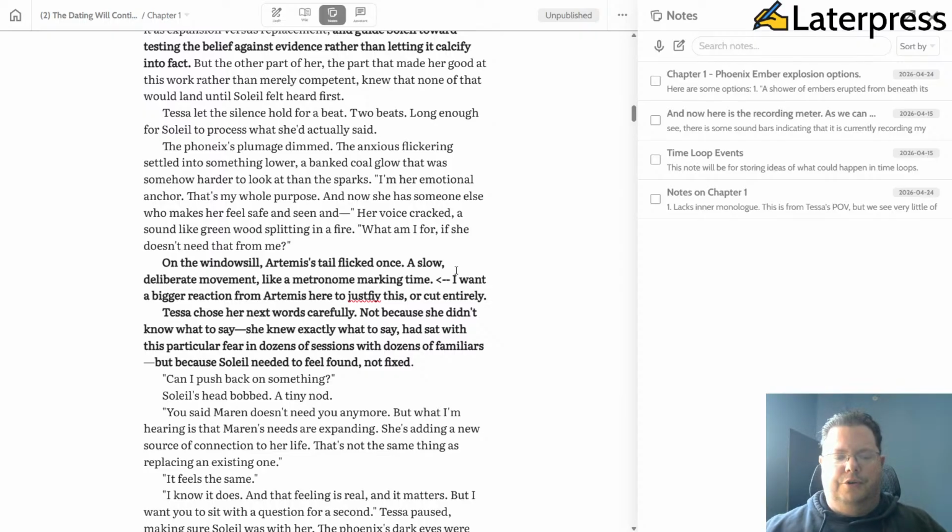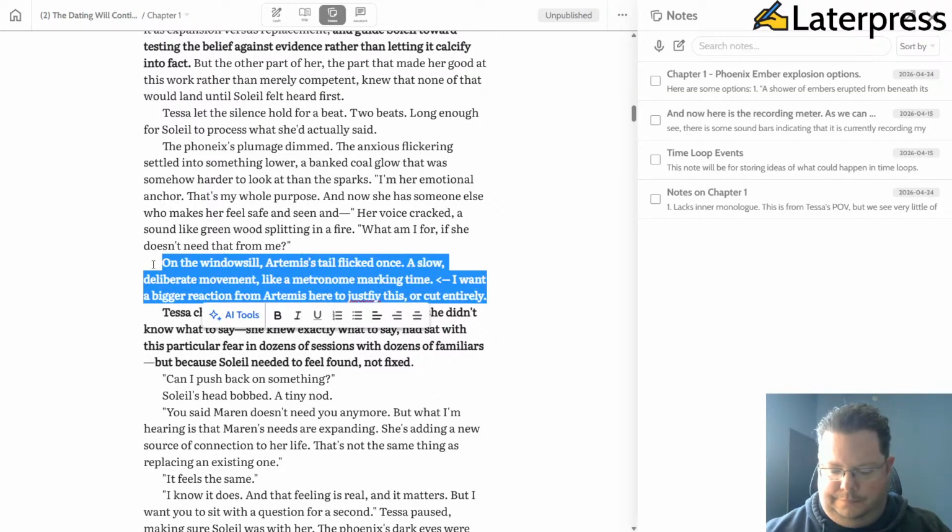Because I still have to think through how involved Tessa's own familiar would be in therapy sessions. Is the therapist's familiar kind of a co-therapist, or is her familiar told to be seen and not heard? Given Artemis's personality, I think seen but not heard is probably the way to go. So actually, now that I'm thinking about it, I'm just going to cut that.